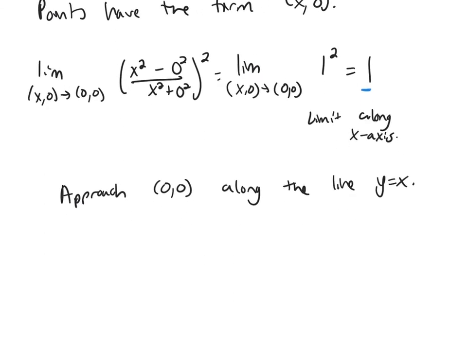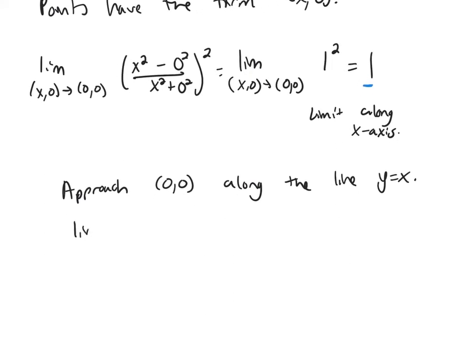So now we're going to go back to our limit. But now because y and x are equal, I'm going to substitute x in place of y. The limit as (x, x) approaches (0, 0). And again, plug into your formula. Replace y by x.